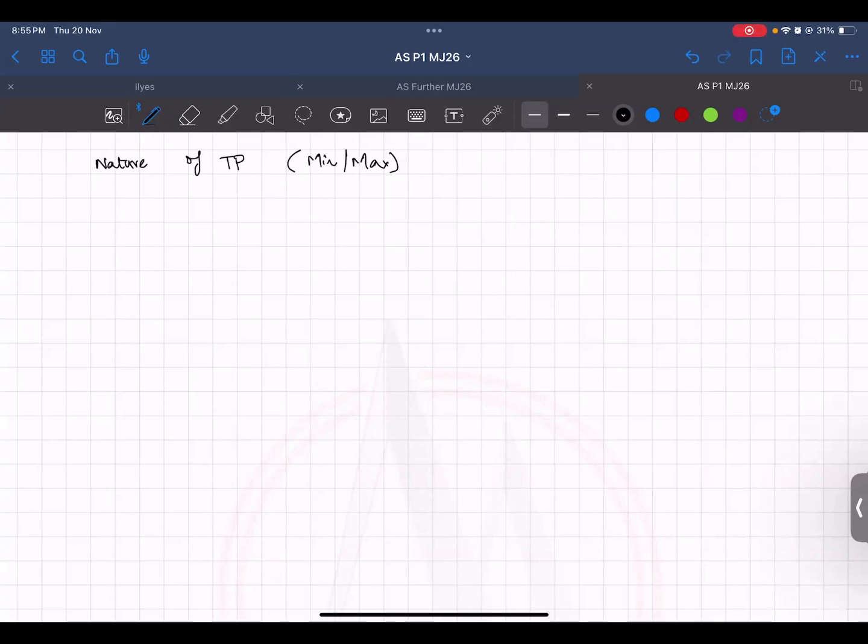It can be minimum, it can be maximum, it can be neither. But right now, because of the limitations of the syllabus that we have, we would have only a turning point which is minimum or maximum. Maybe you'll go into university later on and explore further about this topic. But right now, we have to identify if the turning point is minimum or maximum.